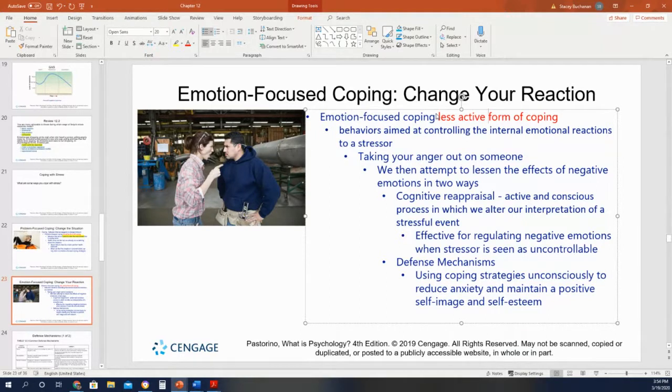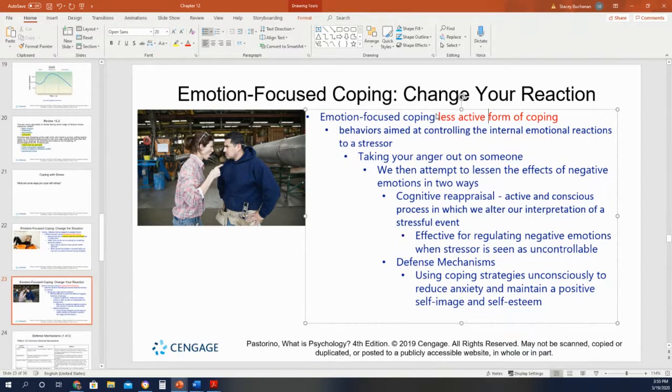You're not worried about the environment. You're trying to control how you react to the stressor. So emotion-focused coping might be your boss yells at you, and that makes you feel really stressed out. So you go home and meditate or relax. So you try not to feel stressed.